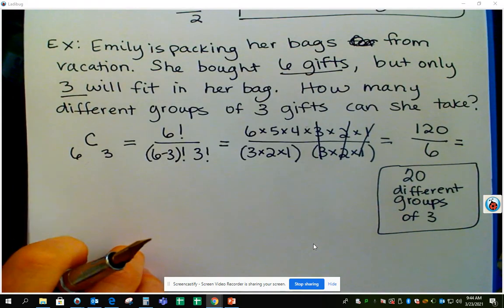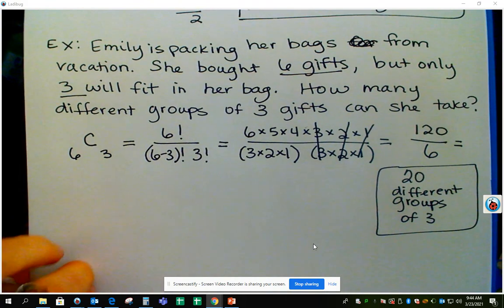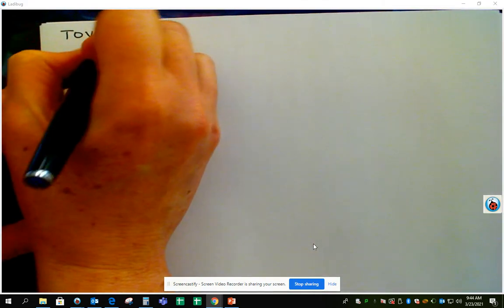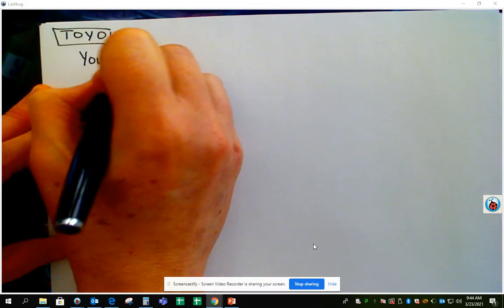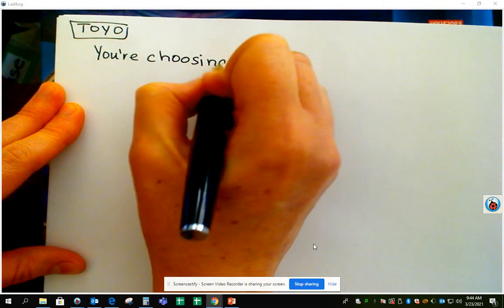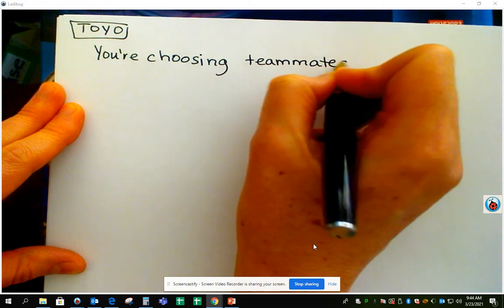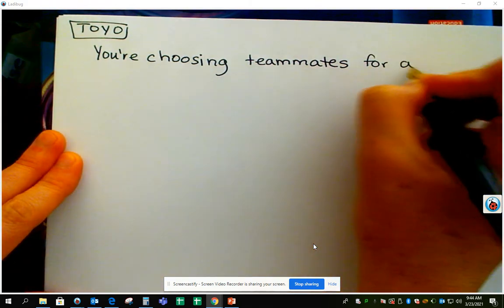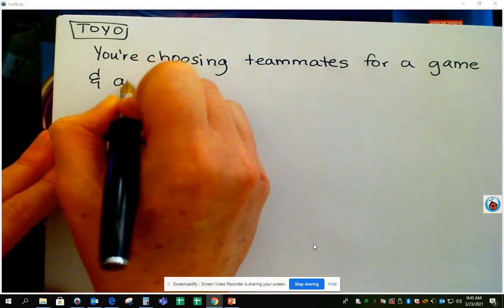All right, so let's see, we've got one more that we'd like to do. You're going to try this one on your own. So you're choosing teammates for a game, and are allowed to choose 4.